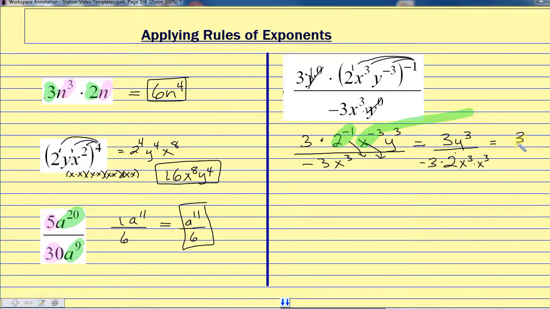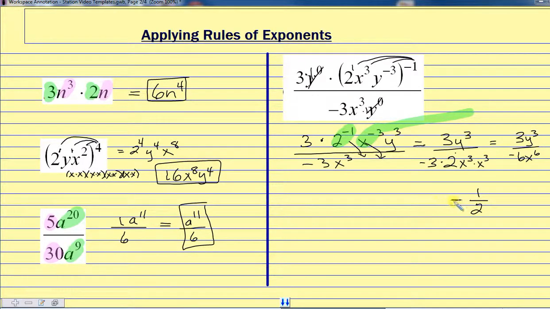So I have 3y to the third on top, and negative 3 times 2 is negative 6, and x to the third times x to the third, when you're multiplying, powers get added, so I have x to the sixth. Now the last thing I'll do is reduce these numbers here. 3 can't divide by negative 6, but it can reduce, and I would get negative 1 over 2.